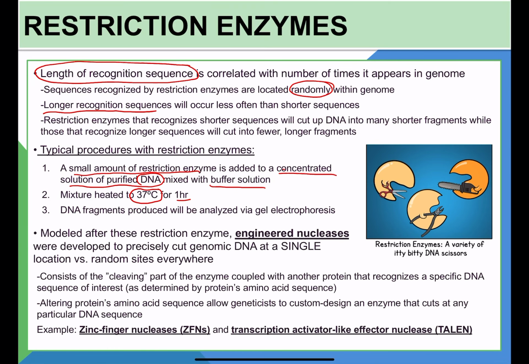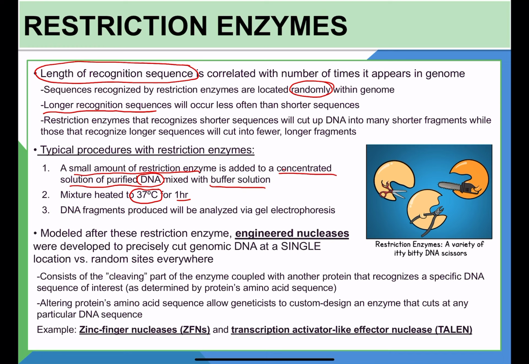Okay, so once scientists discovered how restriction enzymes work, improvements have been made to them so we can cut at specific designed places we want the enzyme to cut. Remember that the restriction enzymes that we've been talking about cut at random sites where they find those restriction sites.